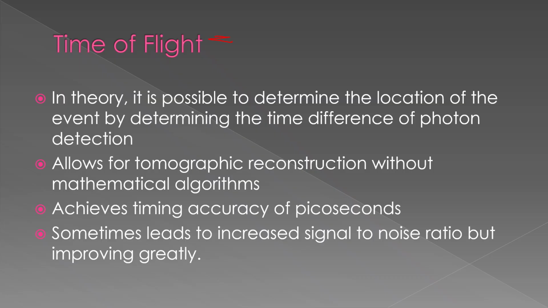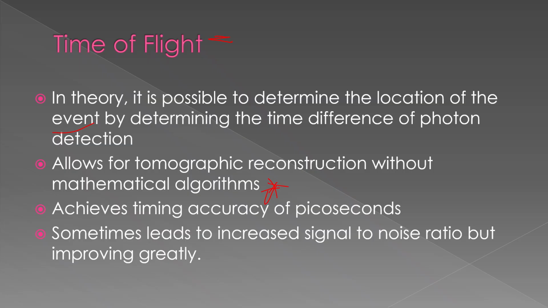So in theory, it is possible to determine the location of the event, meaning the annihilation event, by determining the time difference between the photon detections. This allows for tomographic reconstruction without mathematical algorithms. Now you do have some, but it's an improved process.